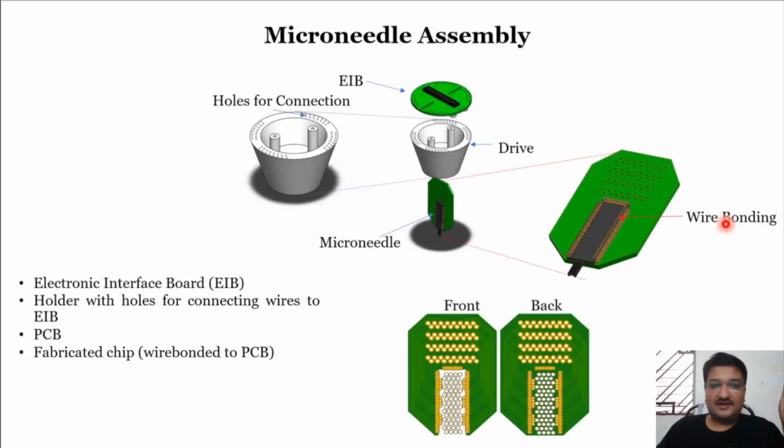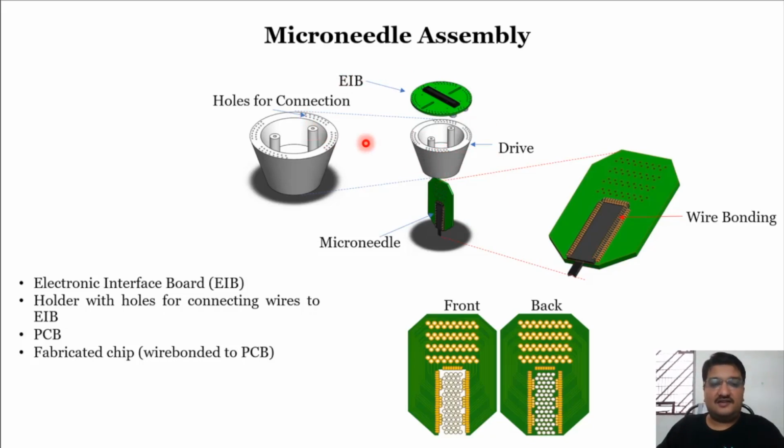It is something like this. This EIB is the electronic interface board. This is your microneedle, the black part, whereas this is your wire bonded PCB, and the rest of the things, the drives and electronic interface board, are to acquire the potential from your PCB to the real world.